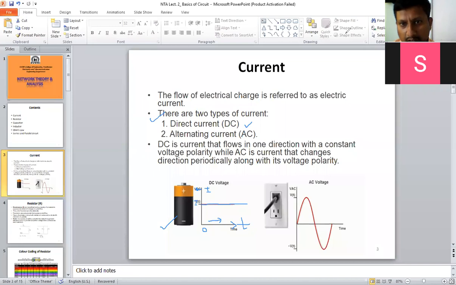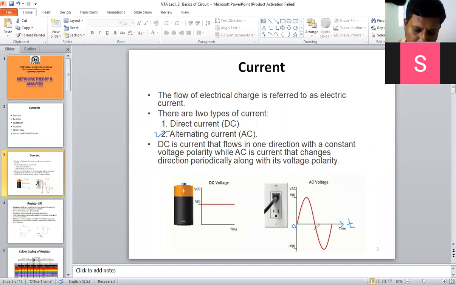Now the next one, alternating current. Alternating current means the amplitude of the current is continuously increasing and decreasing, that is, changing with respect to time t. On the x-axis, the time t is there. Starting from 0, the amplitude is continuously changing.